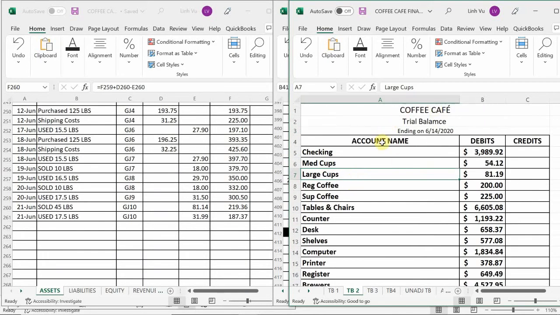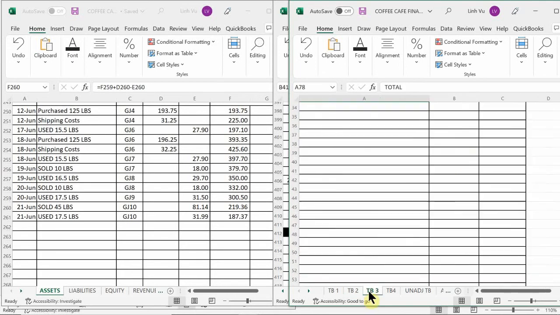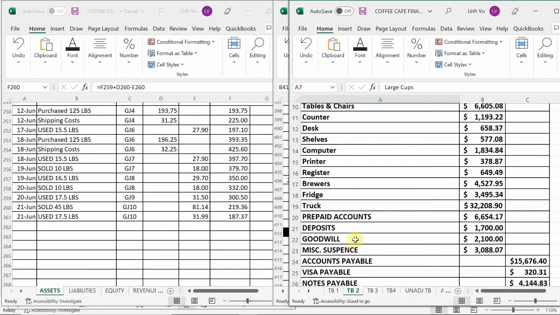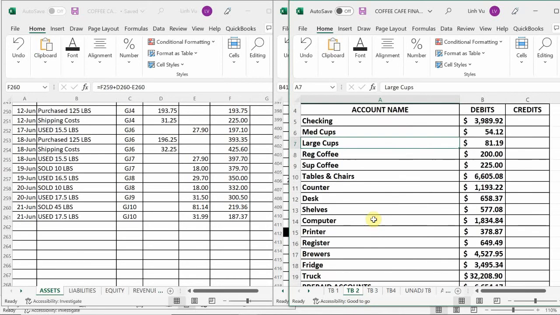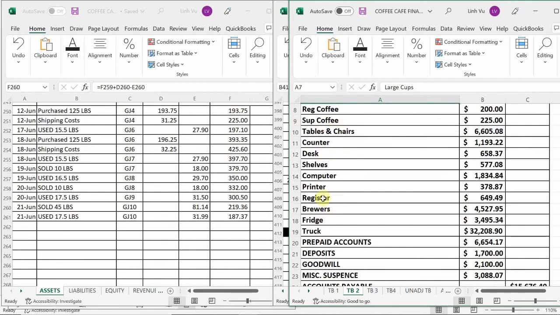So here is my trial balance that I ended on June 14. What I'm going to do is show you a shortcut. Instead of having to copy all this information in, this amount has not changed. I'm still going to have it in my journal and in my ledger.